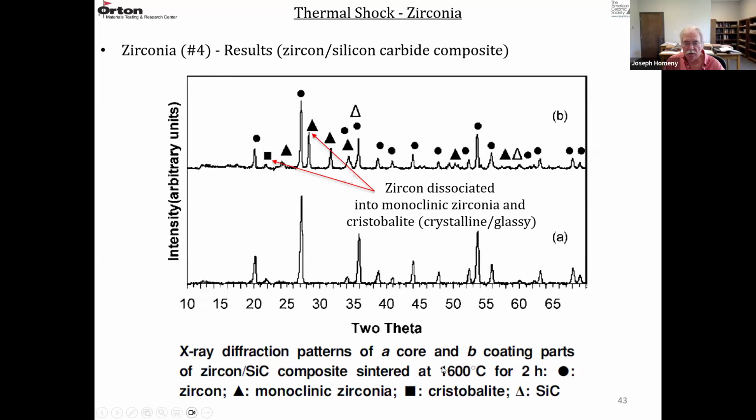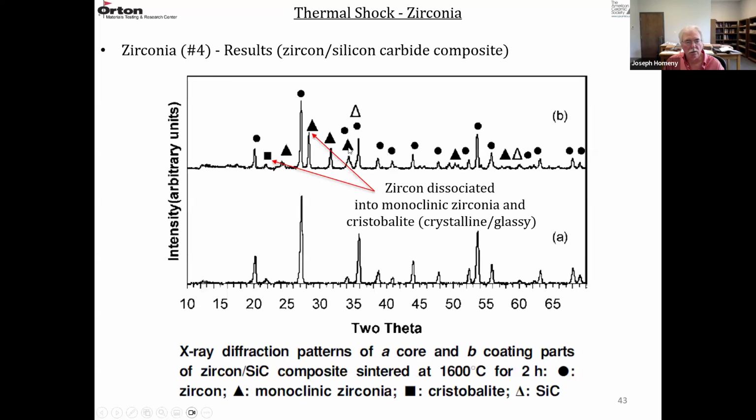And again, these are sintered at 1600 degrees C. The circles are again zircon. The triangles are monoclinic zirconia. The squares are cristobalite. That's the SiO2 that crystallized. And then the triangles are silicon carbide. So B is the coating.